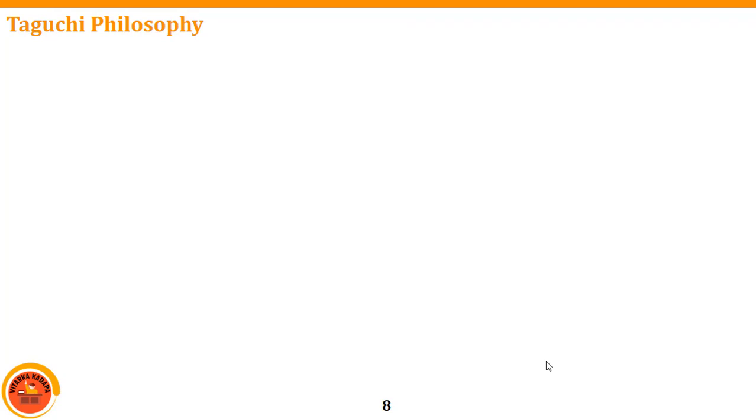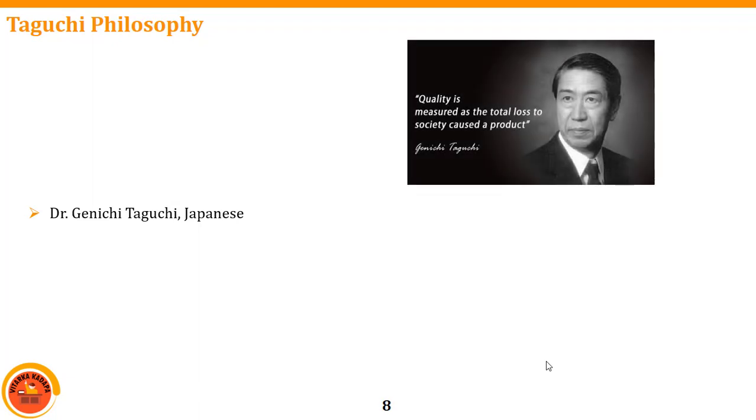So, the Taguchi philosophy. Who is this Taguchi? He is one of the greatest scientists, statisticians and engineers. He changed the manufacturing industry totally in terms of quality, because he always said that quality is measured as the total loss to society caused by a product.